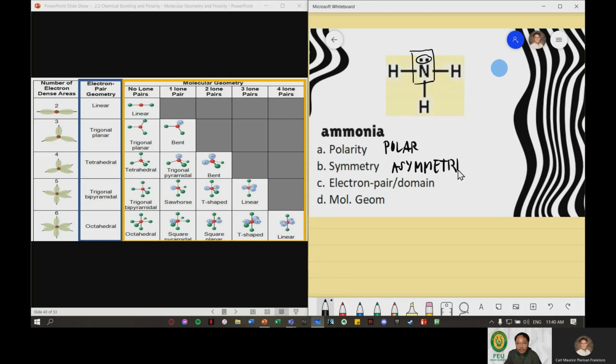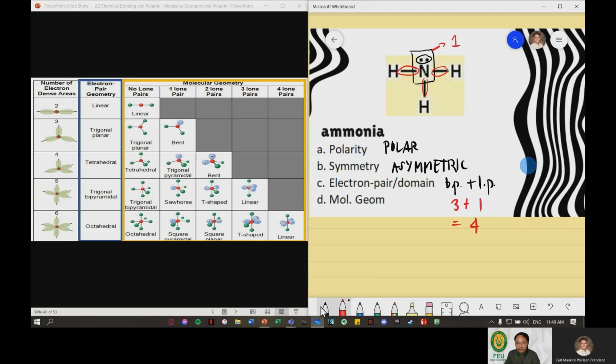Remember, polarity and asymmetrical shape are partnered. So these descriptors are partners always. So next one, electron pair, BP plus LP. Bonding pair is 1, 2, 3, plus 1 lone pair.